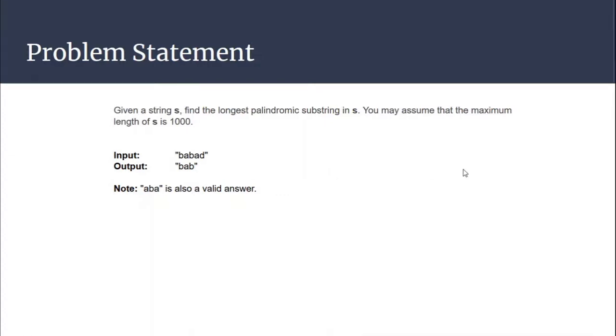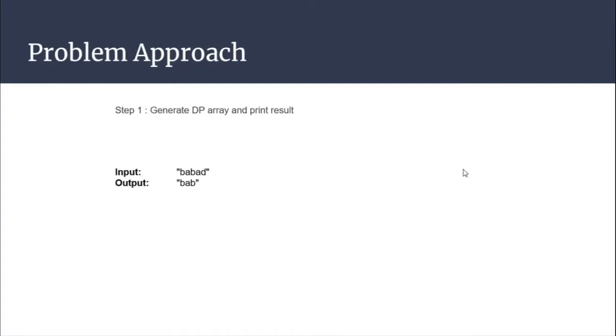If you haven't seen that lecture, go watch it first, because we will be using the same approach. Since I have already explained it there, it doesn't make sense to explain everything again and again. So I'm assuming from now on that you are aware of the dynamic programming approach for the longest palindromic substring.